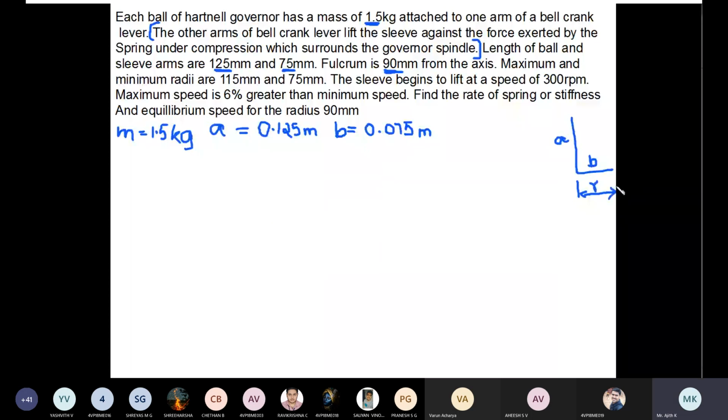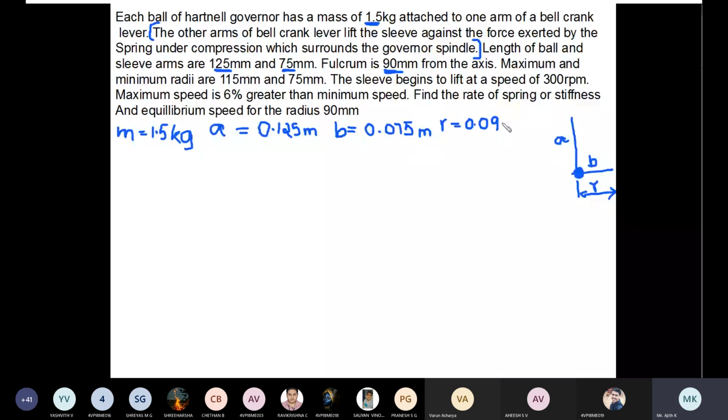This is the fulcrum point. Fulcrum is 90 mm from the axis, that means small letter r is 90 mm, which is 0.09 meter.